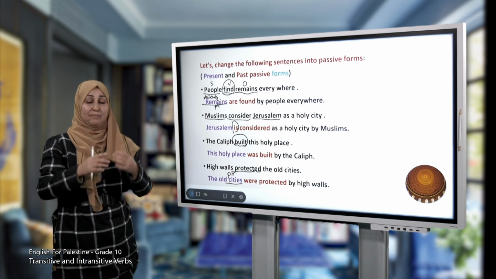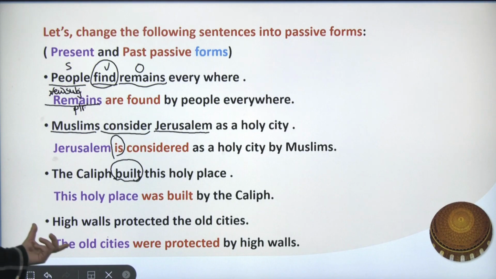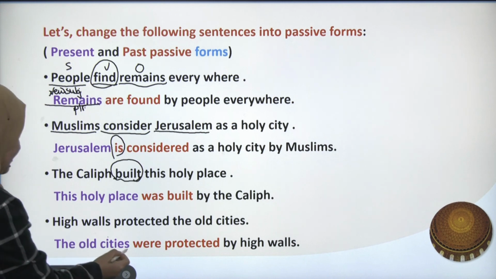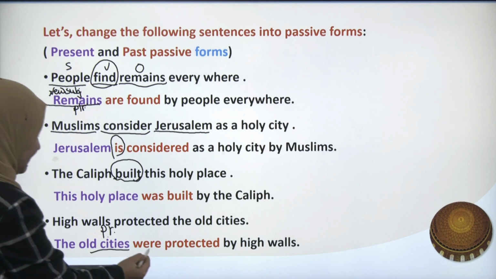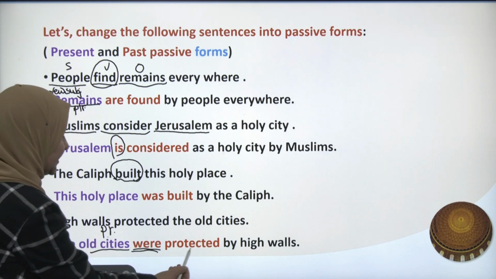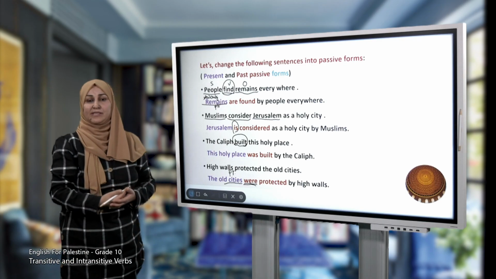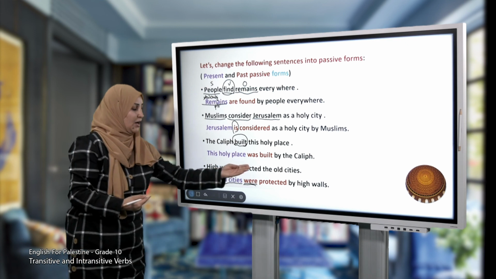Which one is plural and past? It is were. The old cities, which is plural, and the verb were, then the verb protected, the past participle of the main verb, by high walls.